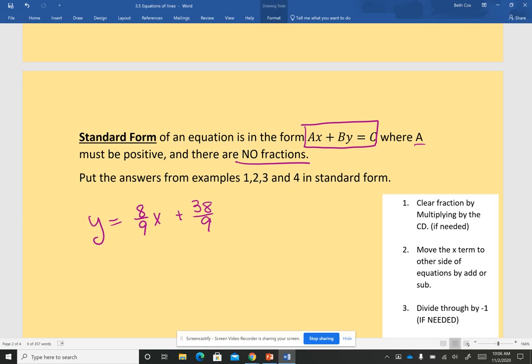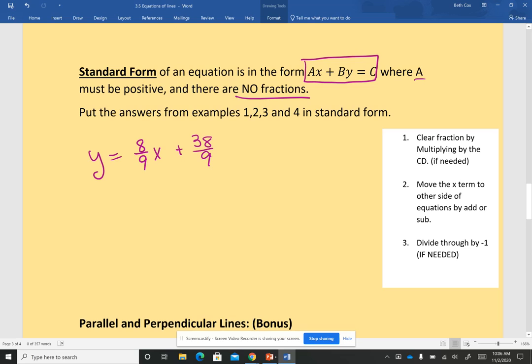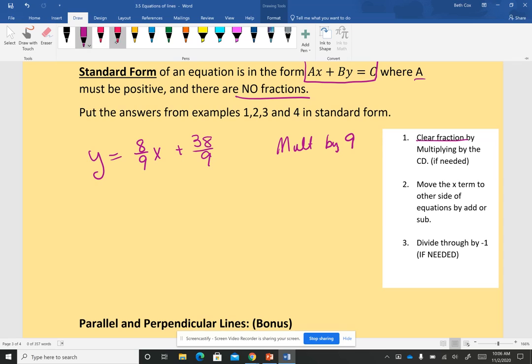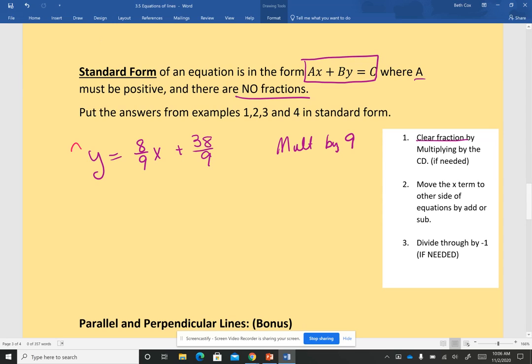Okay, so here's how we're going to do it. We're going to clear the fraction by multiplying by the common denominator. Well, generally, the common denominator is the only denominator, so I'm going to multiply by 9. And so when I multiply everything by 9, we'll have a 9 here, times 9 here, and times 9 here. And that cancels and makes 38. That cancels and makes 8x.